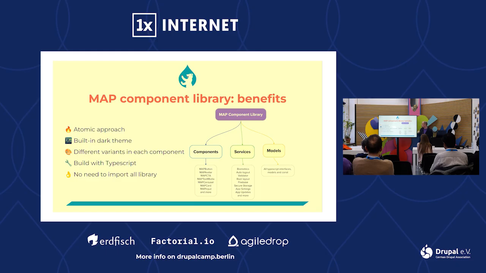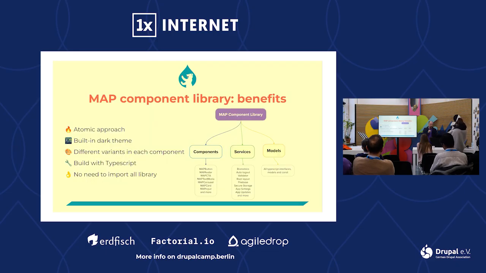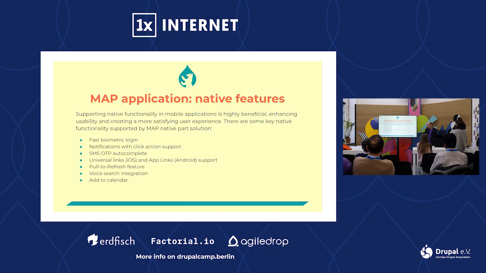It's like a global schema. What we have is components, services, models. Components are mostly about how it looks, services about how it works. And a little bit about what native features, what services we already implemented. It's biometric login.